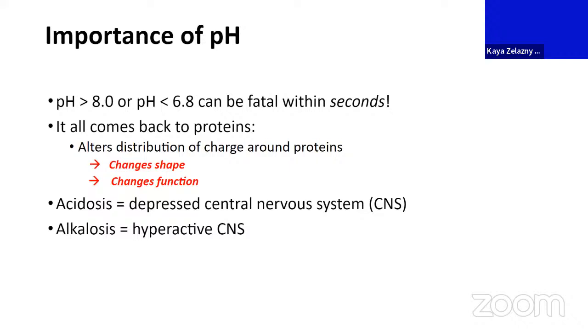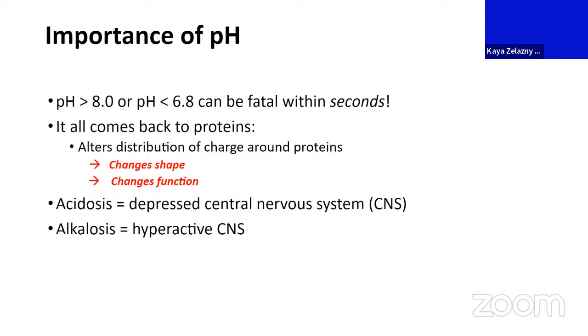If you get above 8 or below 6.8, this can be fatal, right? This is not good. This is because our proteins are big foldy molecules that are shaped and sticking together because of the properties of those amino acids, right?